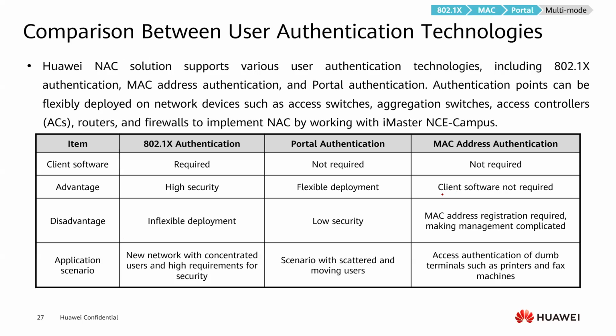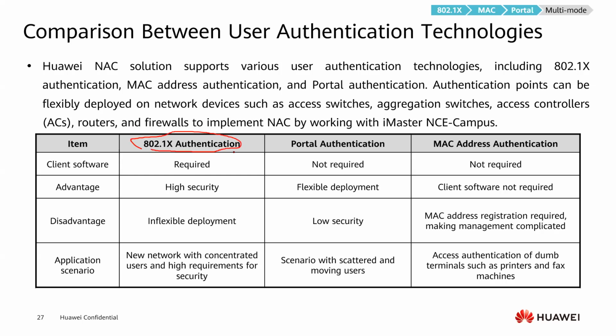Okay, these are three kinds of authentication, and all of them are normally used in our real networks, just in different scenarios. For scenarios with high security requirements, like office users, we will use 802.1x authentication.